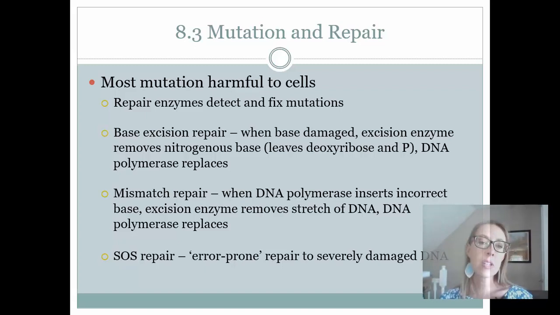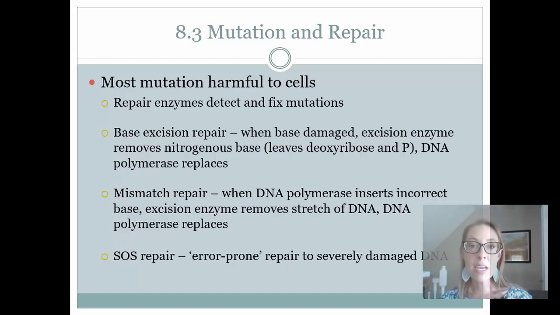So there are several classes of mutation repair that bacterial cells can do. The first is called base excision repair. Recall that a DNA nucleotide consists of a deoxyribose sugar, a phosphate group attached to that, and then one of 4 nitrogenous bases. And the nucleotide as a whole is named for that nitrogenous base.